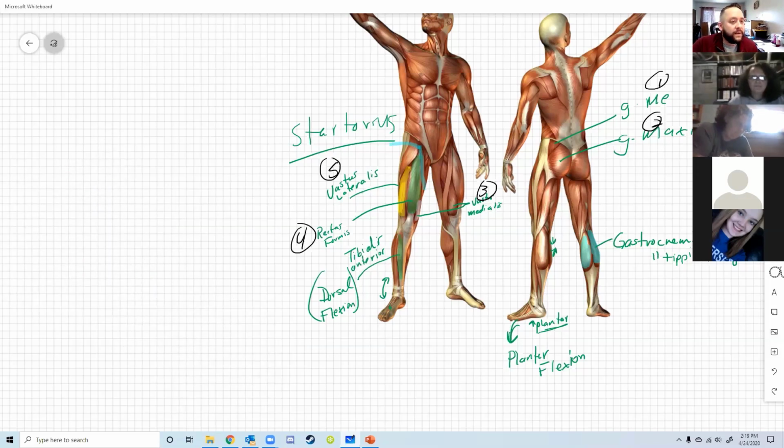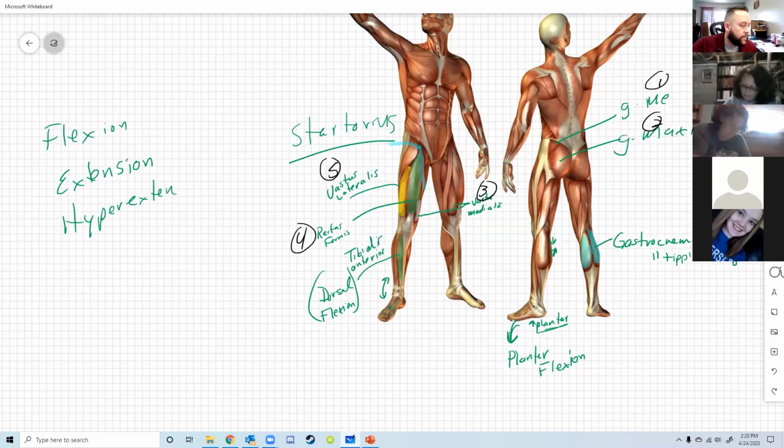So you got flexion, extension. You got hyperextension, which means we're going way past the angle. We only say that mainly when we're talking about the neck.